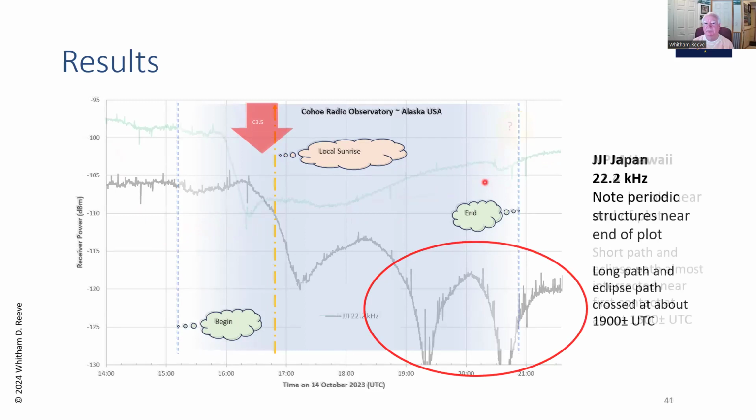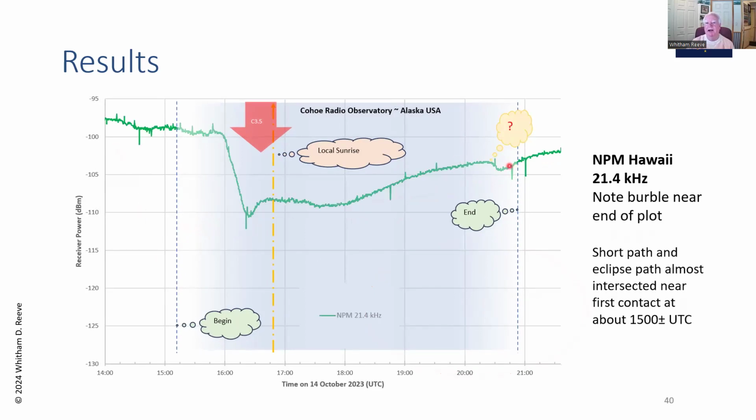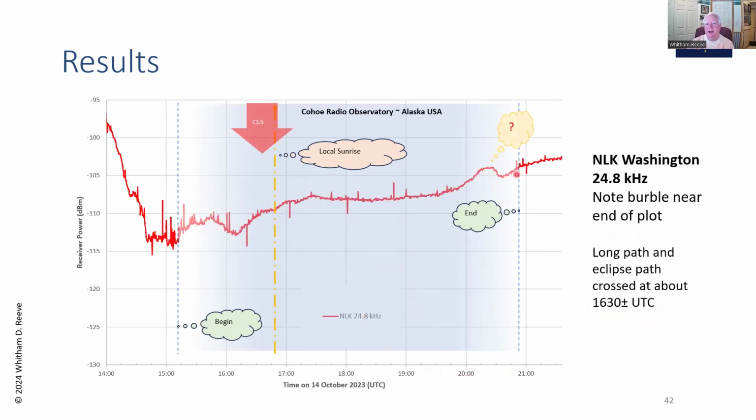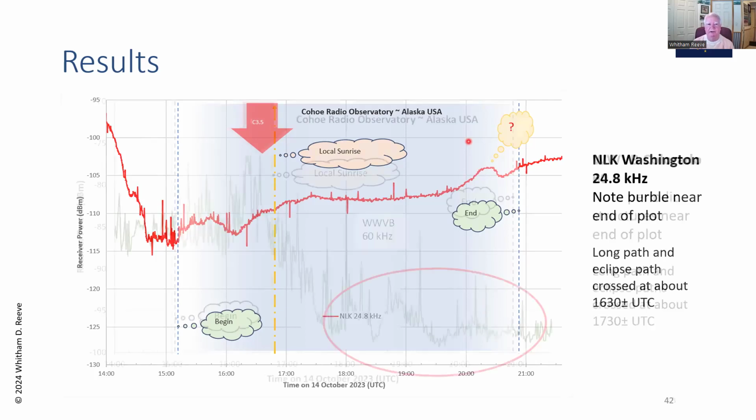Oops, sorry, I jumped over it there. So in Hawaii, I saw that, and in Washington, I saw that at about the same time. That could have been some other phenomena that caused it, but I'll be on the lookout for that in future eclipses that I look at.